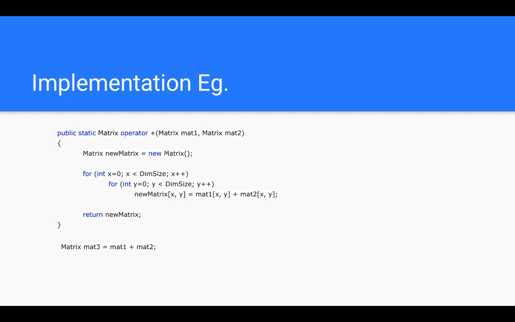So I declare a new matrix inside the method, and we do all the looping and assign the result of mat1 and mat2 into the new matrix and return the result. After declaring this operator overloading method, the syntax matrix 3 equals matrix 1 plus matrix 2 becomes valid.